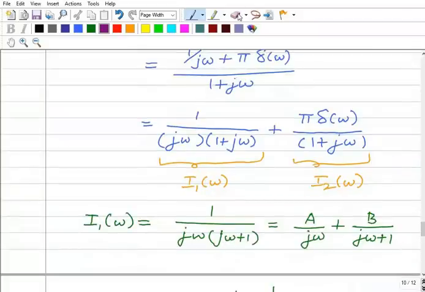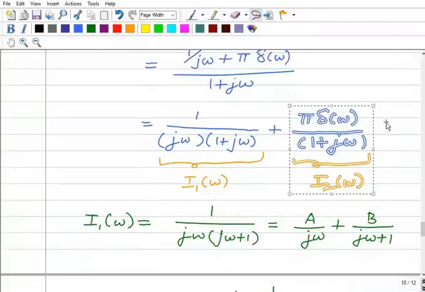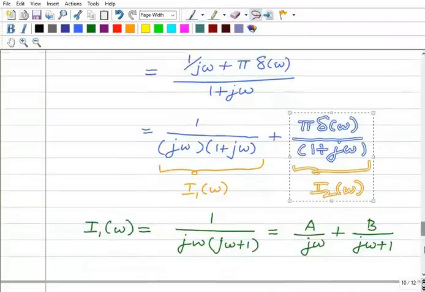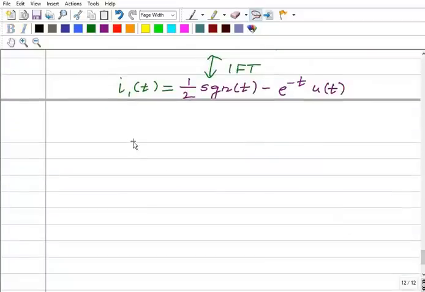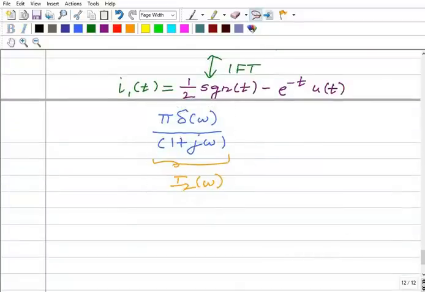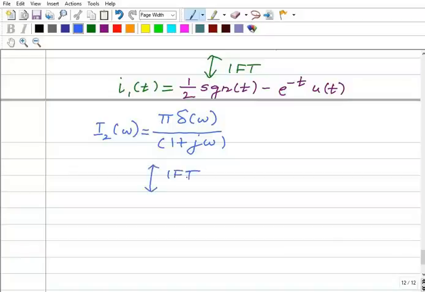This is I2 of omega. Apply inverse Fourier transform for this. I know the inverse Fourier transform equation. Can you tell the equation for inverse Fourier transform?